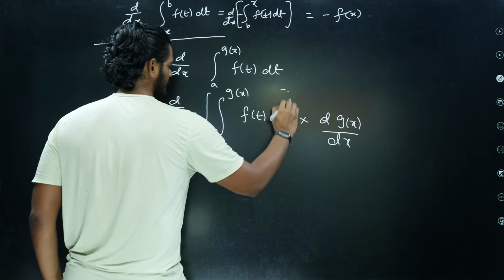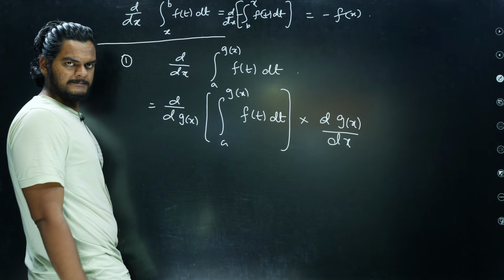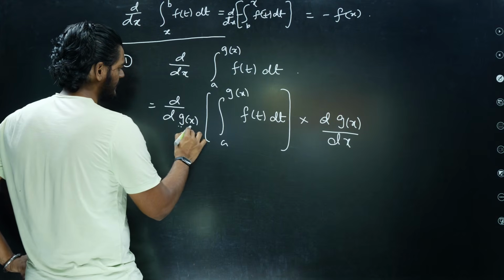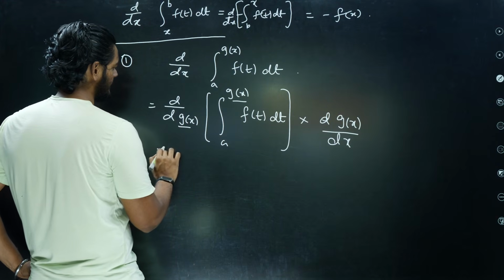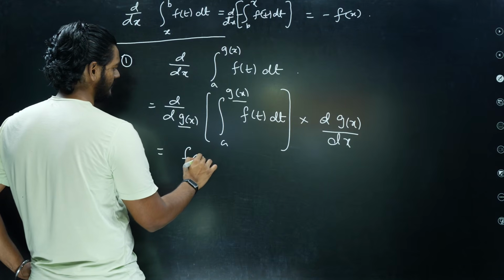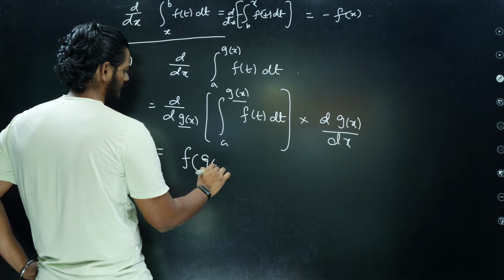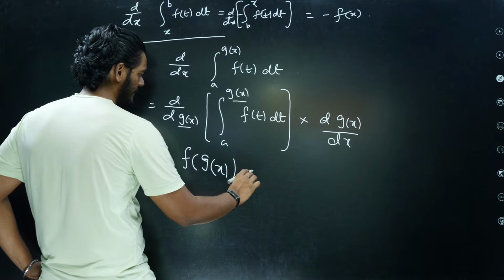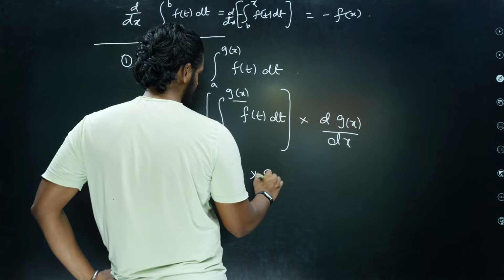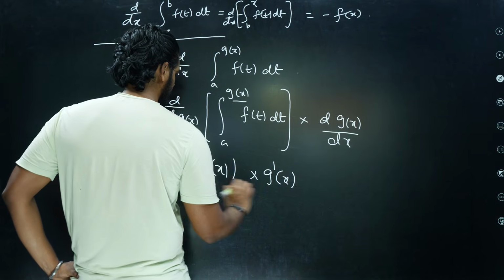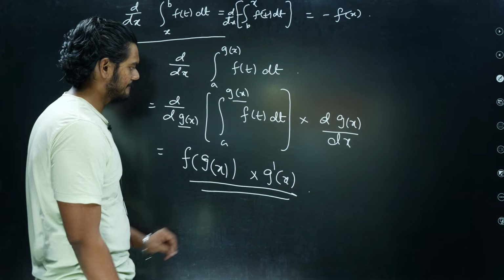Do you see this? Is this clear? Very clearly written. Now with respect to g of x, this is also g of x, this is also g of x, this will be fundamental theorem of calculus with respect to g of x into this differential which is g dash of x. So this should be clear.